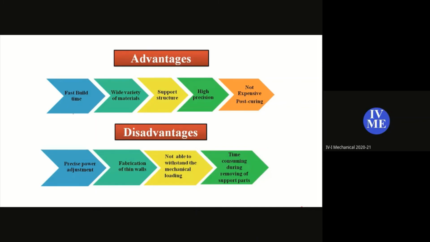The CO2 laser cuts the layer outline, draws and cuts the perimeter, and cuts the cross hatches. This process has to be controlled and adjusted precisely, which is a difficult task for the CO2 LOM machine. That's why a disadvantage is that precise power adjustment is required for controlling the CO2 laser.